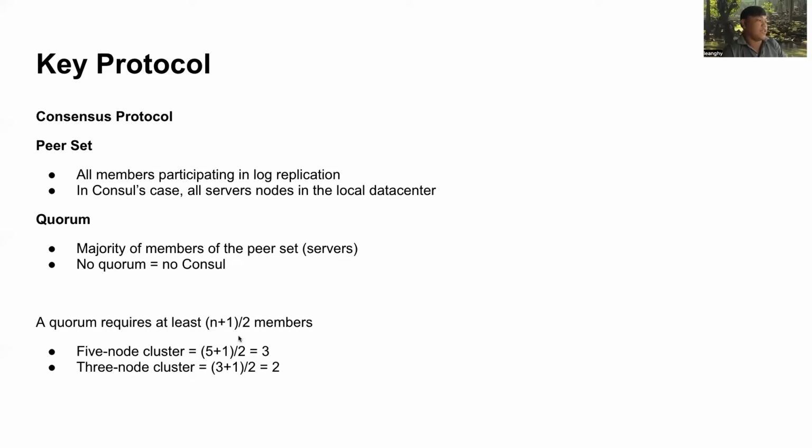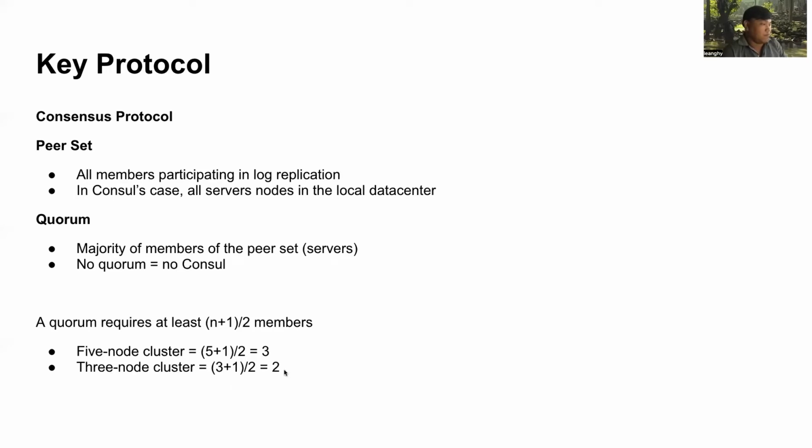So totally for the 5-node cluster, we need to use the algorithm (n+1) divided by 2. So if we have 5 nodes, we need 5 + 1 divided by 2 equal to 3. If we have a 3-node cluster, it's 3 + 1 divided by 2 equal to 2.